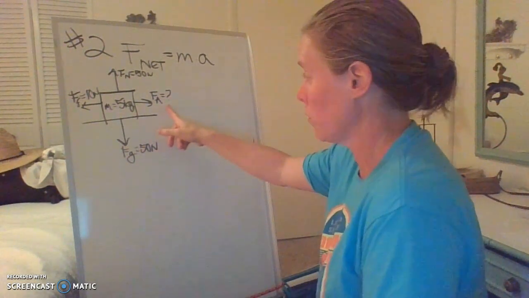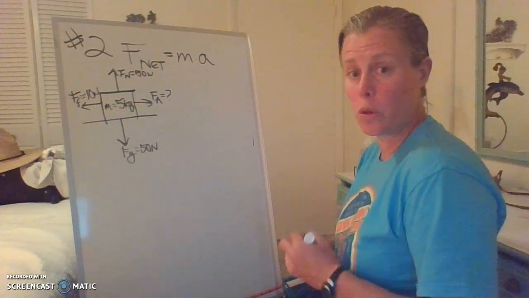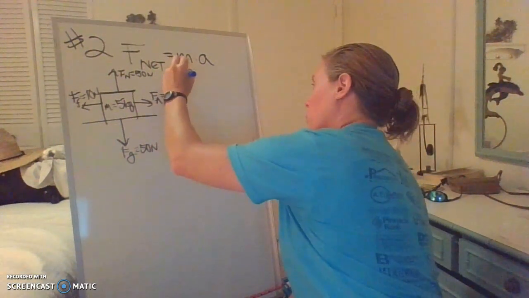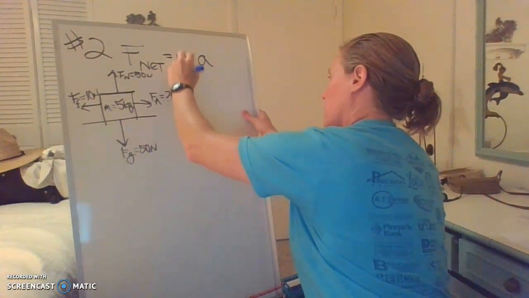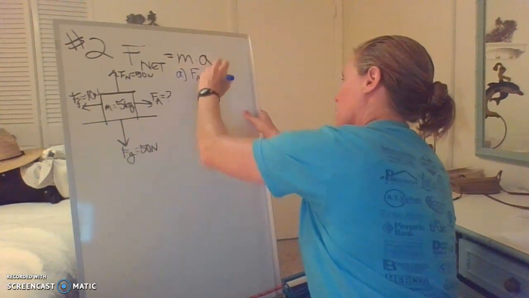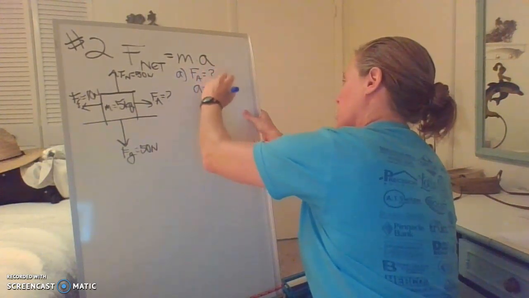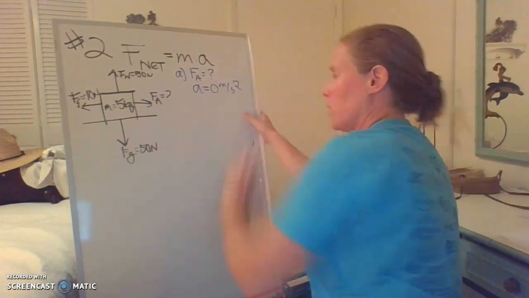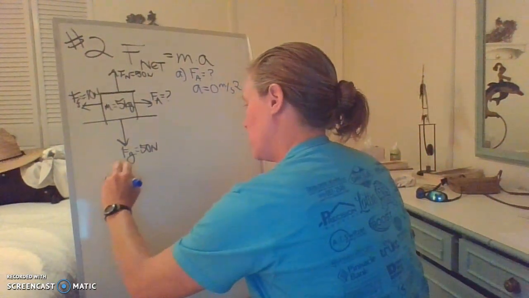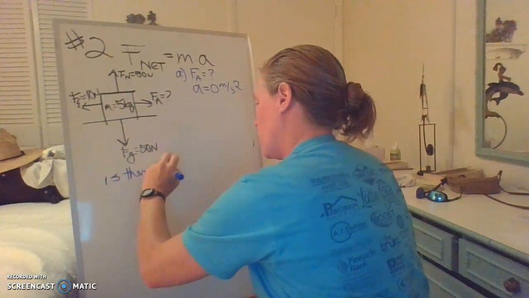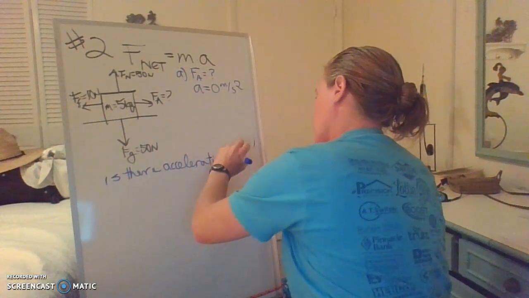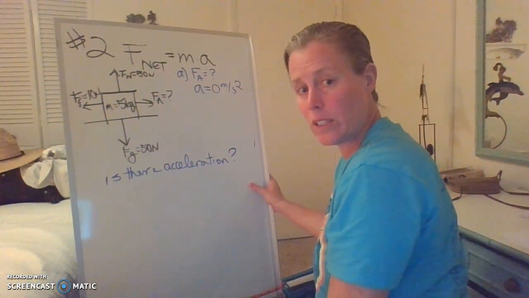So if I wanted to know what force, this is part A, what is the force applied if acceleration equals 0 meters per second squared? So the question is, is there acceleration?